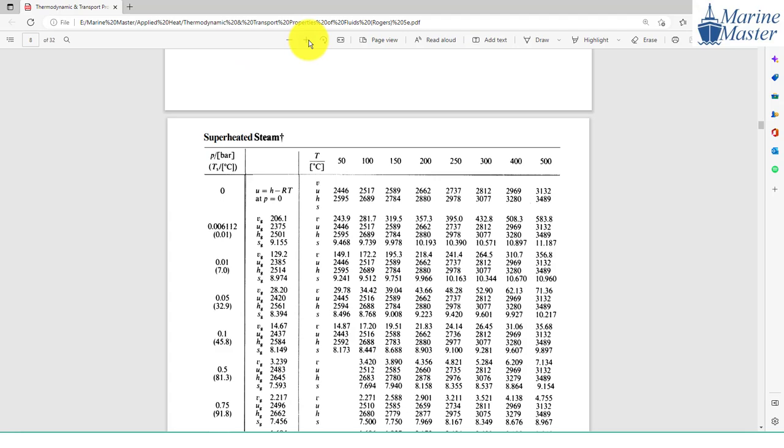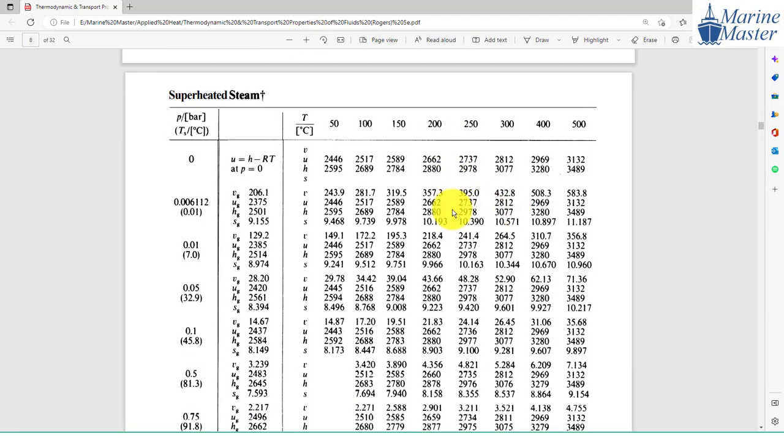I'm zooming in a little bit. For 0.5 bar, they have given us different values: Ug, Vg, Hg, Sg. These are related to saturated liquid properties, and they also give us saturated liquid properties here. But superheated properties start from here: specific volume, internal energy.